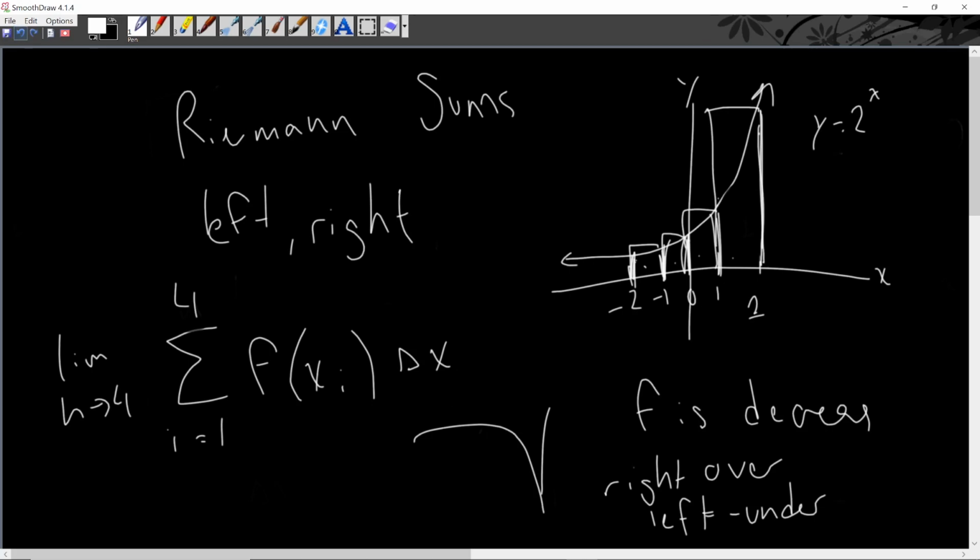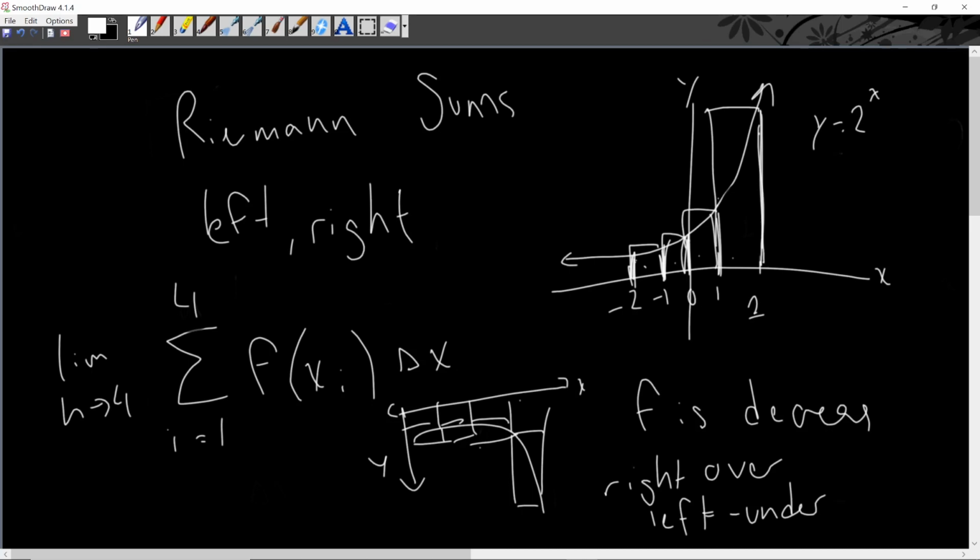to this next subinterval, so let's say these are our subintervals of some x and some y, if we go from the right to the left, we're going to have rectangles that look like that, right? And then if we go from the left, we're going to have stuff that looks like that.